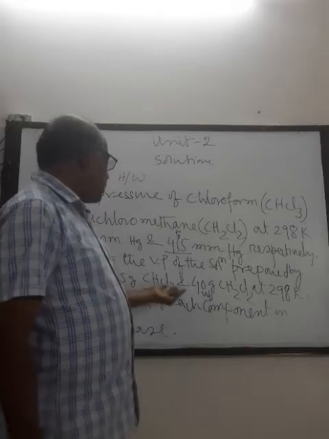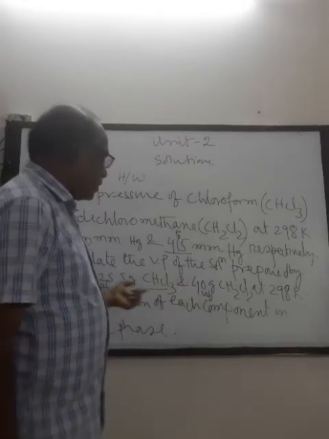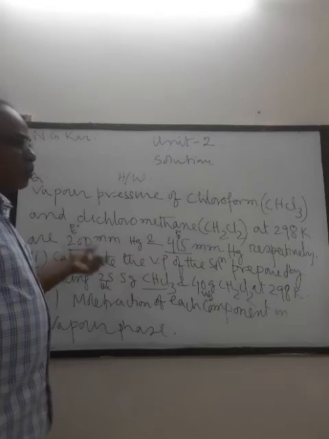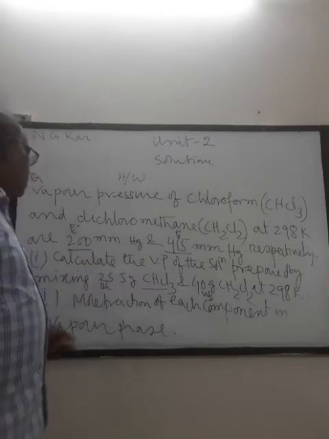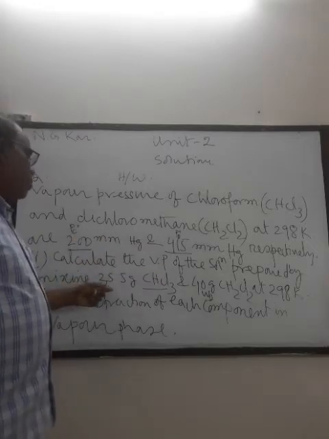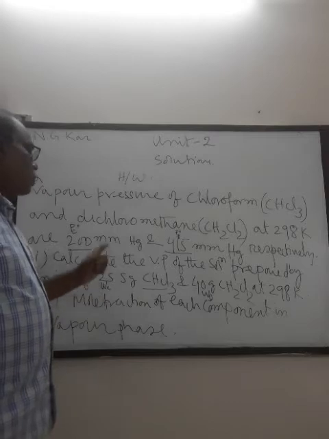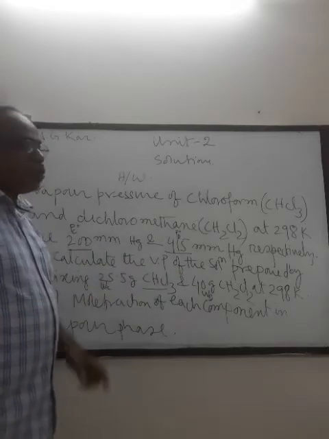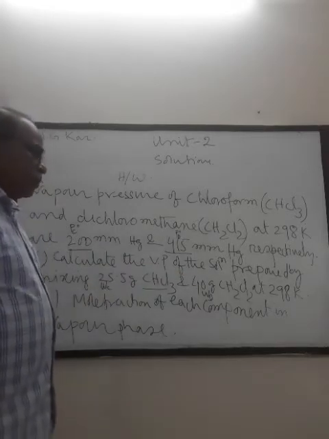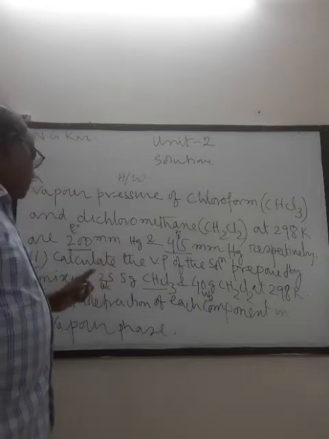Then sum up both to get the total number of moles, and dividing by the total number gives the mole fraction of chloroform. And 1 minus mole fraction of chloroform equals the mole fraction of dichloromethane. So this is our first part.